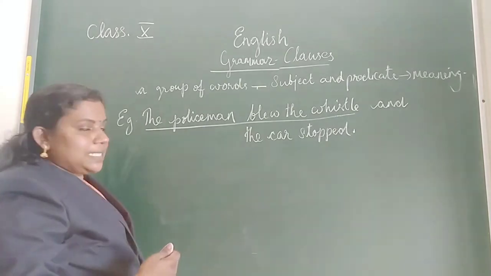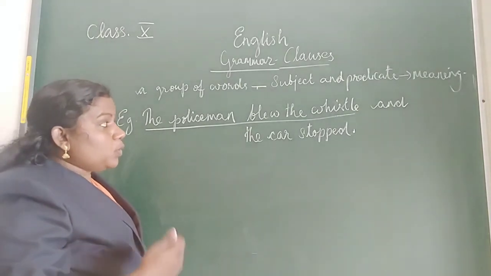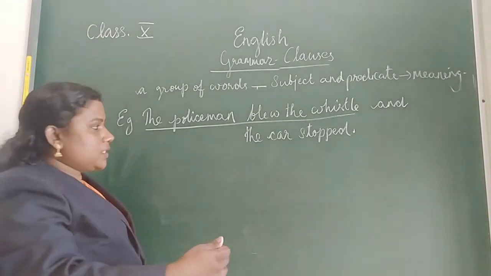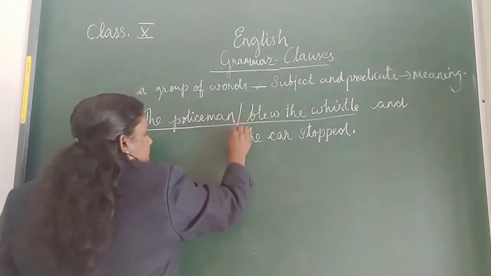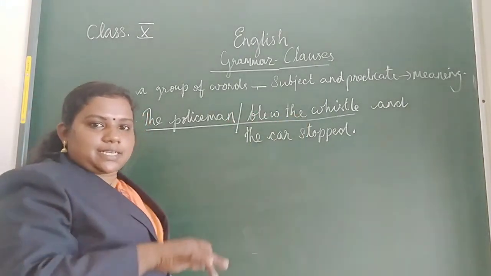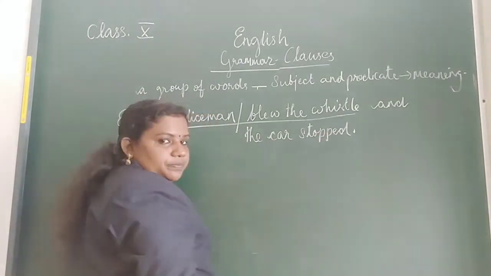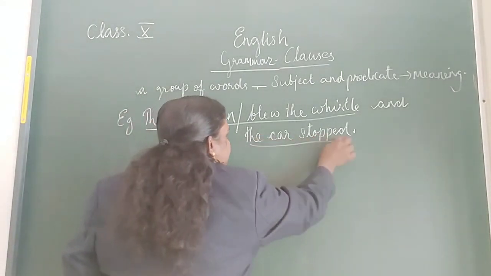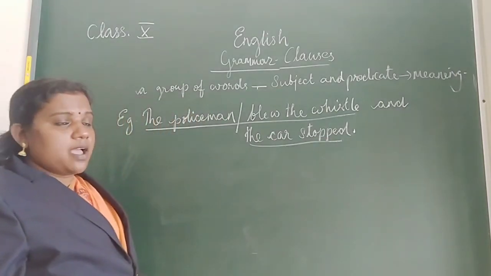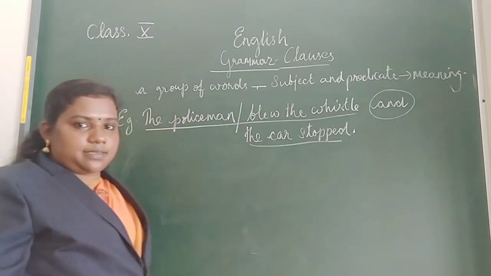Blew the whistle, that is the predicate. So this is a clause. Here, the car stopped. Here also we can see another clause, and these two clauses are combined by 'and'.